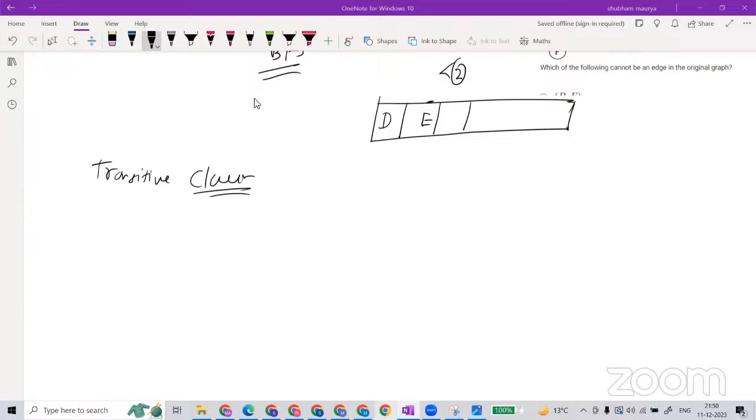Suppose you have a graph. Let's first understand what the transitive closure is with a simple graph. Then we'll see matrix multiplication, and by that way we will try to find the transitive closure.